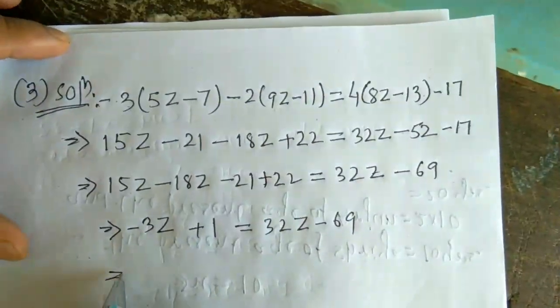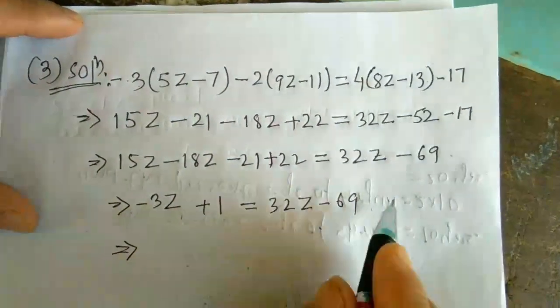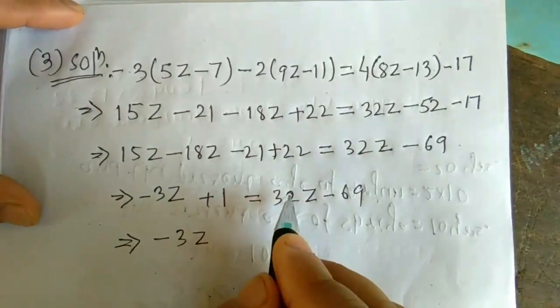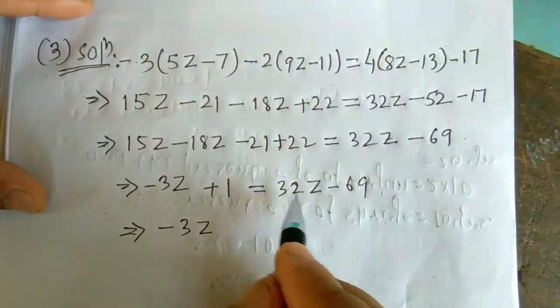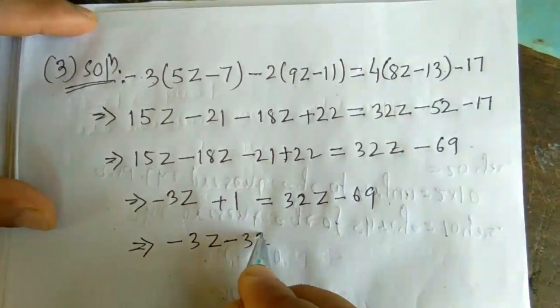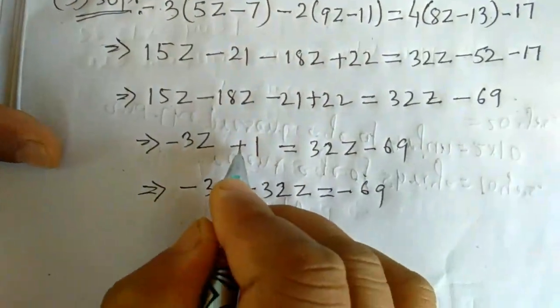But to find the value of z, being z on the left hand side, the constant term you transfer to the right. So minus 3z; 32z is positive on the right hand side. If you bring it to the left hand side, it will become negative: 32z equals minus 69.